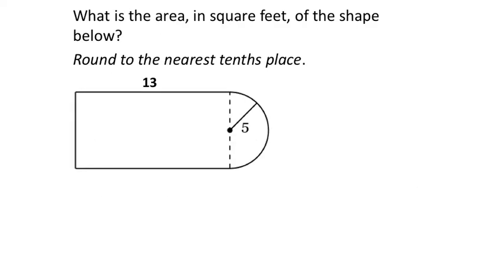So on this one, we got to find the area of the shape. And what I notice on this one is that I have a rectangle. And then over here, it's not a full circle, right? It's just a half circle.